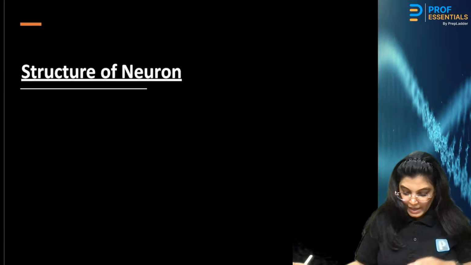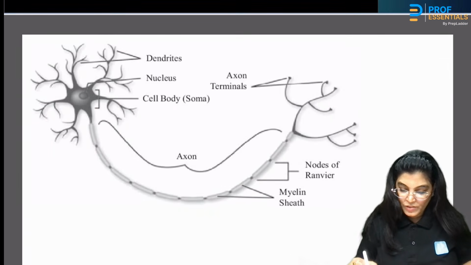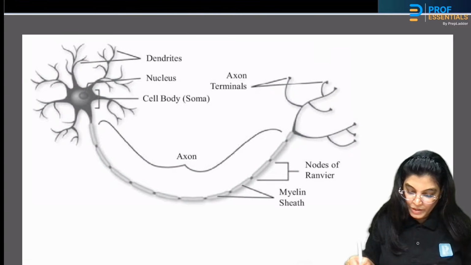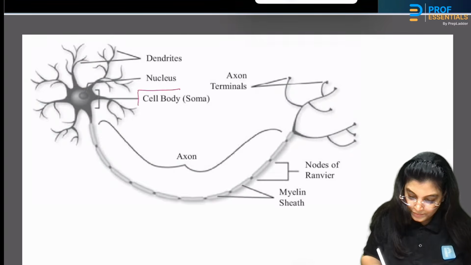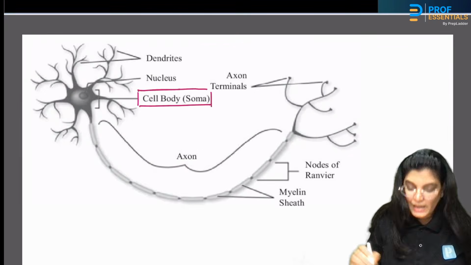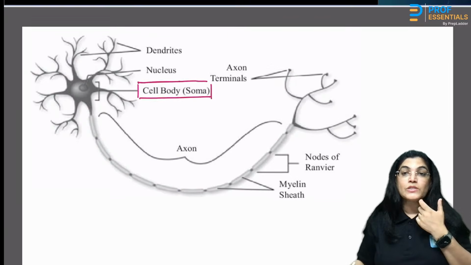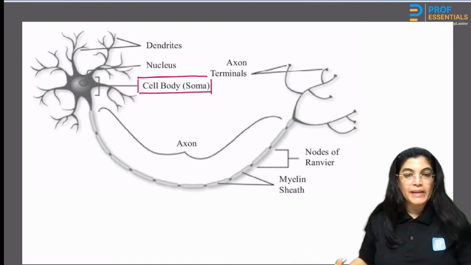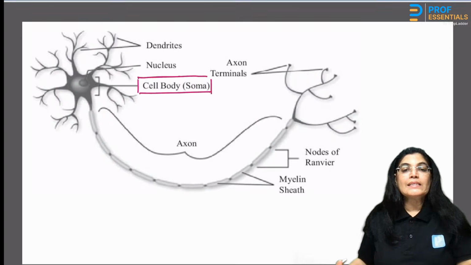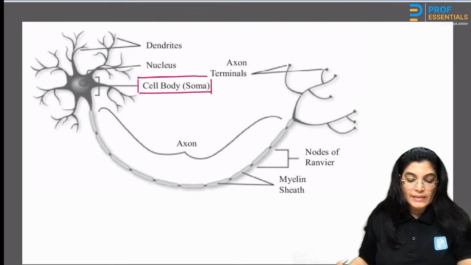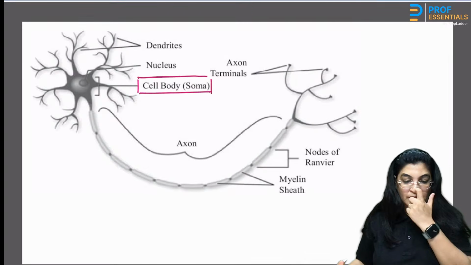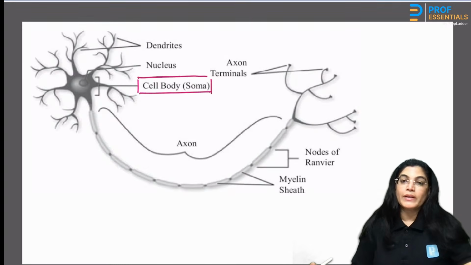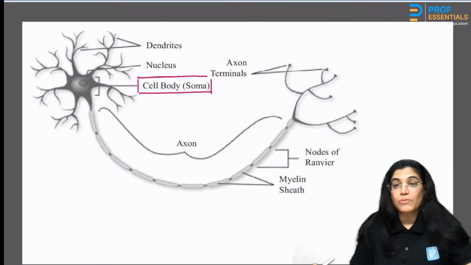Let's see this image in which we can see the structure of a neuron and the cell body of neurons. What is the other name of the cell body of a neuron? It is also called soma or perikaryon. Where is the cell body located?